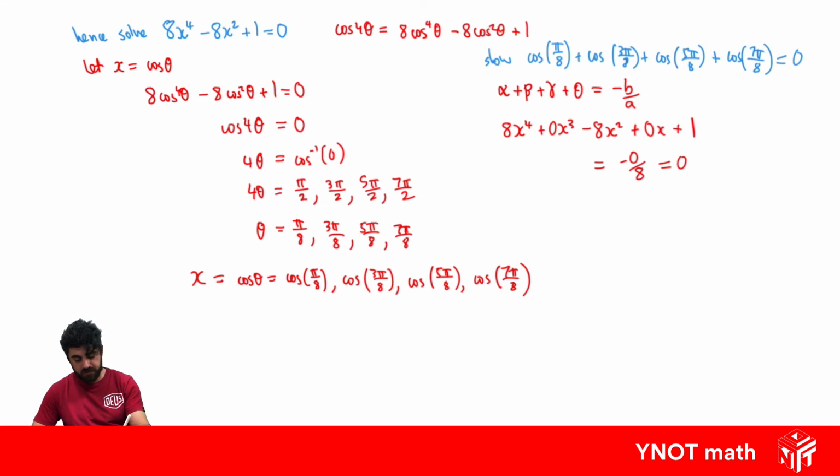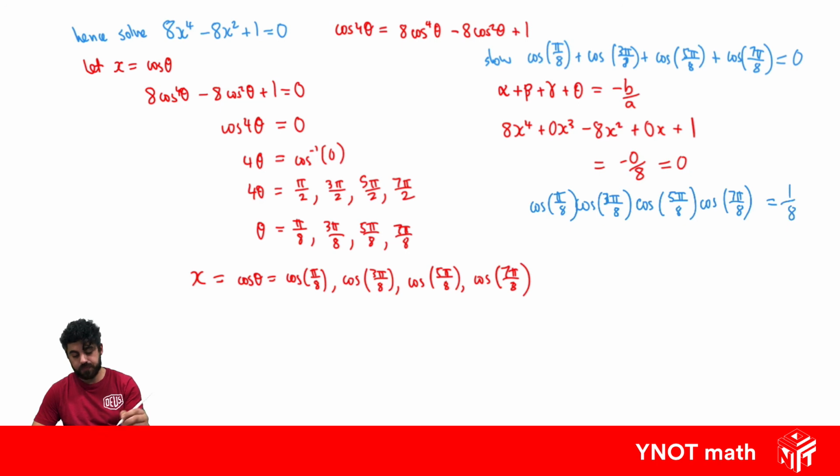Next question is we need to show that cos pi over 8 times cos 3 pi over 8 times cos 5 pi over 8 times cos 7 pi over 8 equals an eighth.